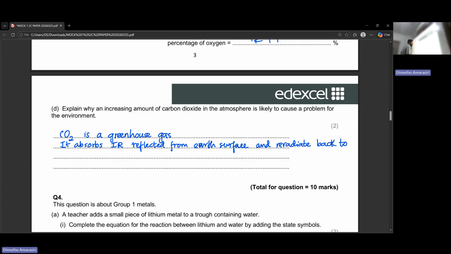Back to the Earth. You get it? Very important statement. So this will give you global warming. More carbon dioxide gives you global warming. Or you should have said the temperature of the Earth increases unnecessarily.